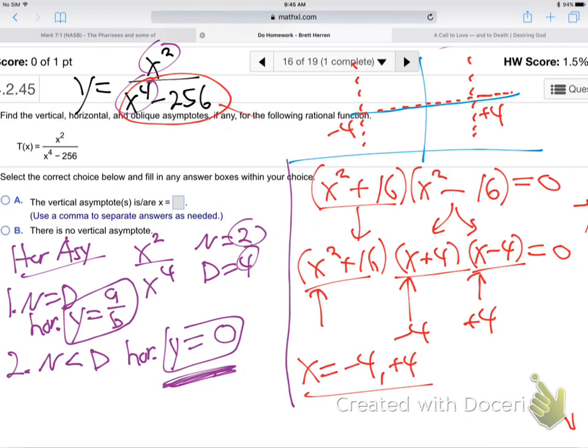Now I want to start to give you the why. Why do we only use the highest power on the top and the highest power on the bottom? Why can't I skip the 256? I thought that was illegal and all that kind of stuff. Well, it's because with a horizontal asymptote, the sideways dotted line, what you're really thinking about is end behavior. Remember how we talked about end behavior with some of those other functions the other day? It's all about what you do way off to the right.